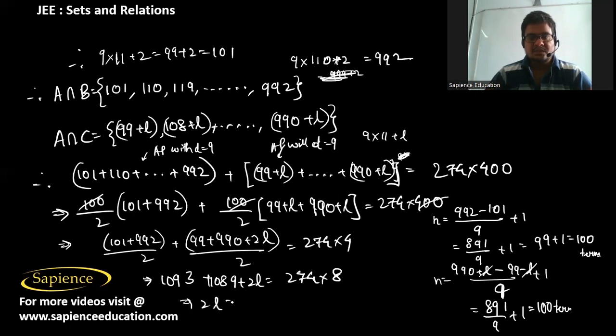So therefore 2L will be 274 into 8 minus this 1093 plus 1089, that will be equal to 2182.